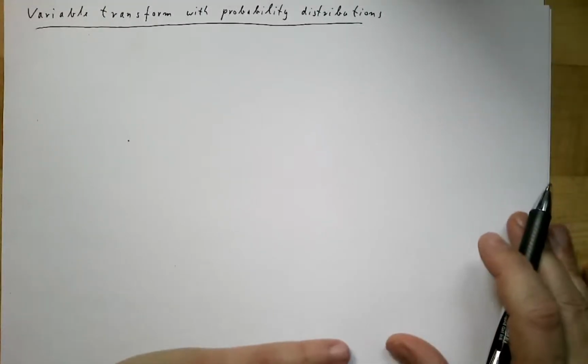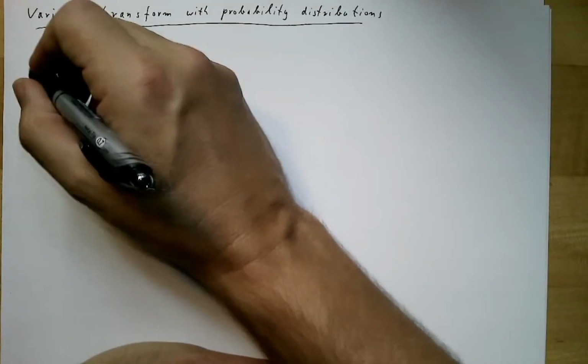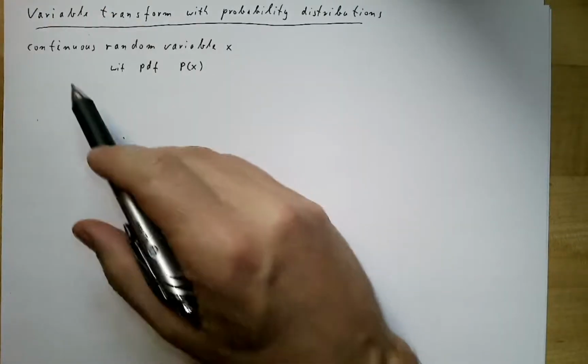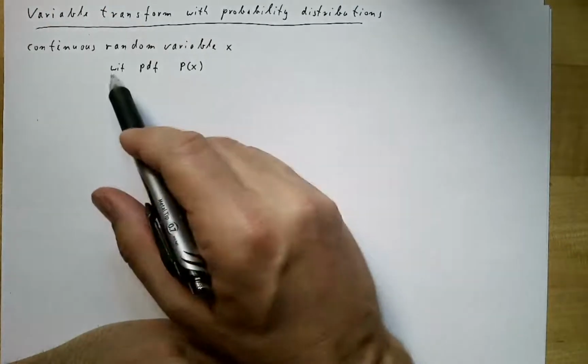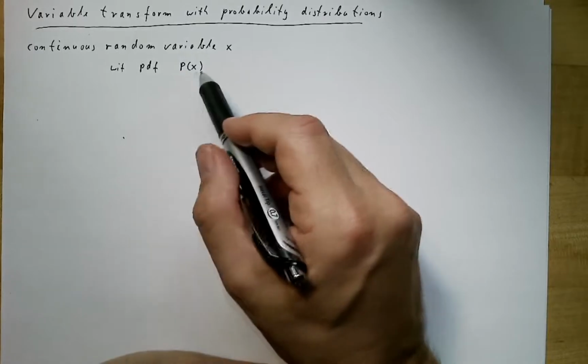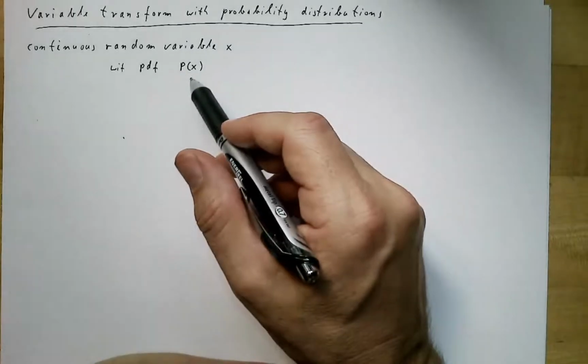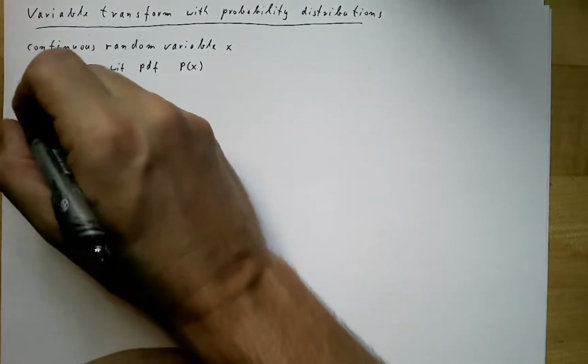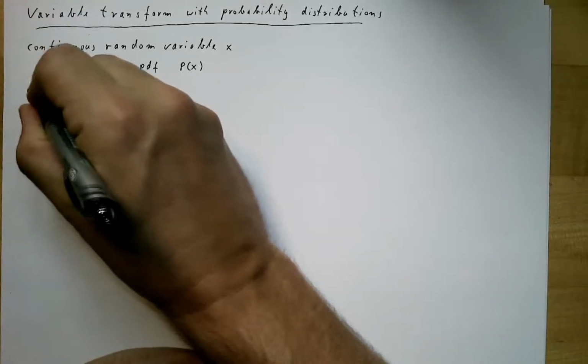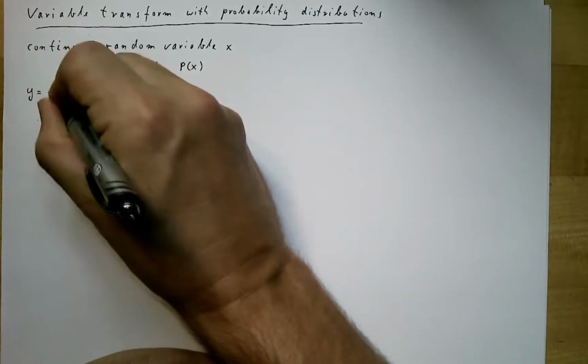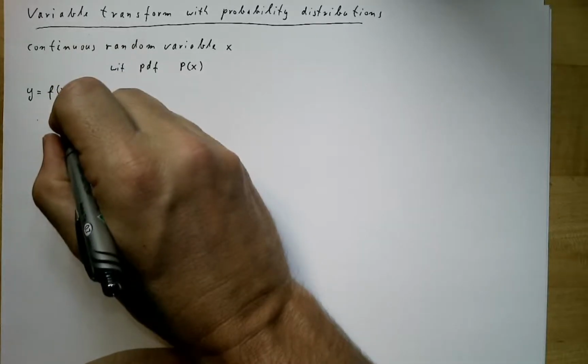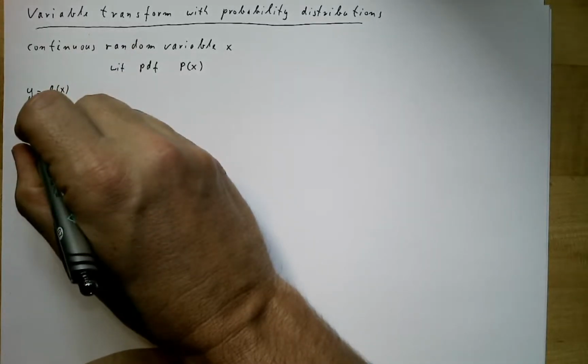Let's assume we have a continuous random variable x with a probability density function p of x. And now assume we have a function f which transforms the variable x to another variable y.